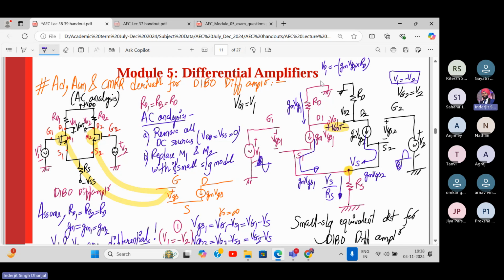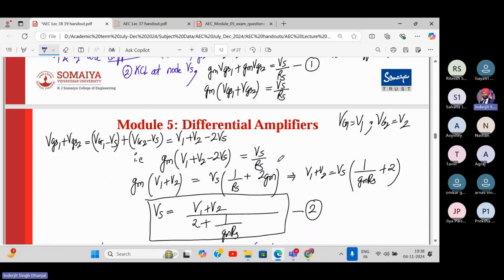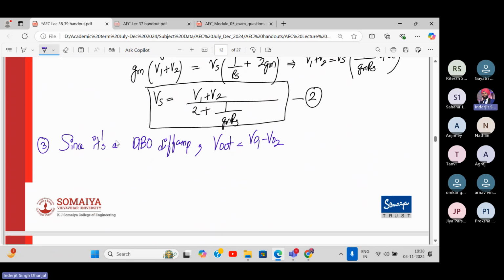Yes or no? Similarly, VO2 will be minus Gm VGS2 into RD. So let me write it over here. VO1 will be minus Gm into VGS1 into RD.